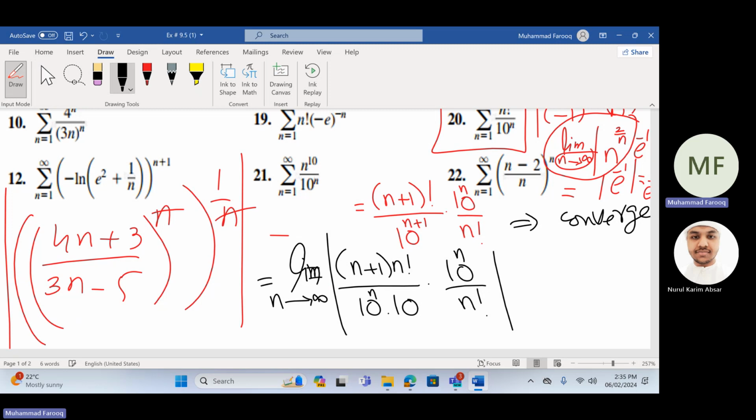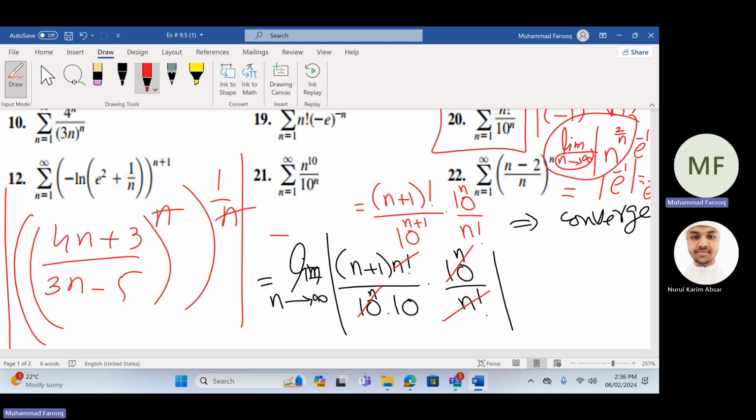Okay, now any cancellation? Yes, n factorial. So this cancels, this cancels, sorry. Down, it is one. Good. Now we are applying the ratio test on the 20th question. We are using the rule, please, okay? We can take 10 outside.